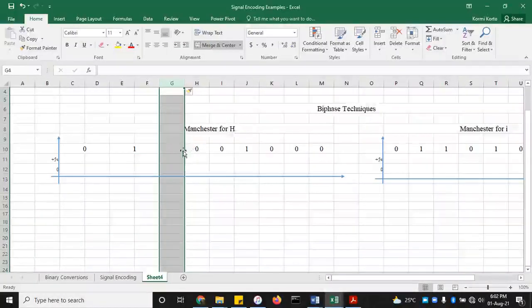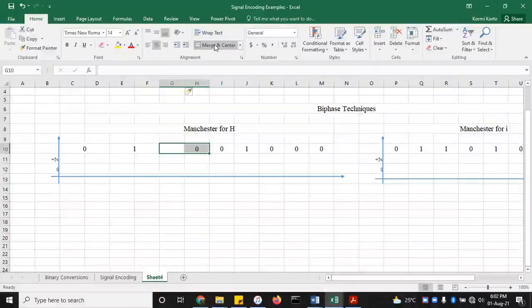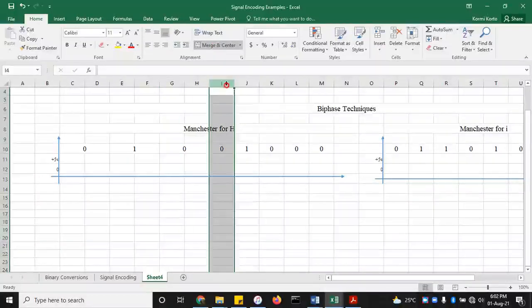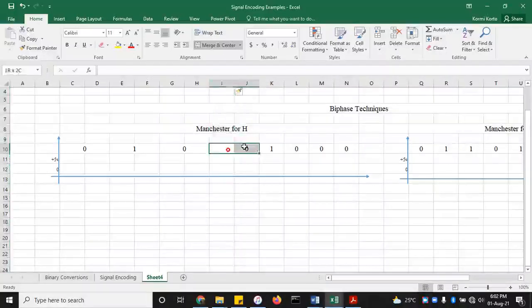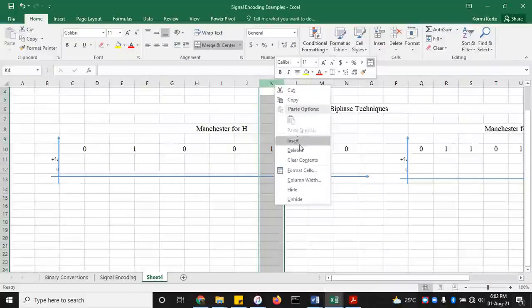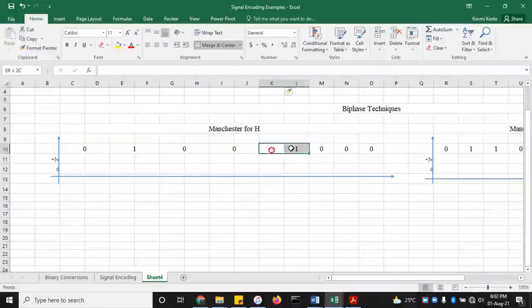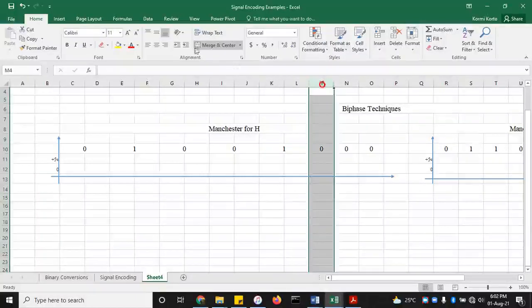insert, merge this, insert, merge, insert, merge, insert.